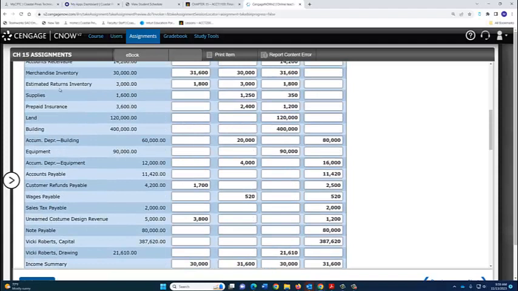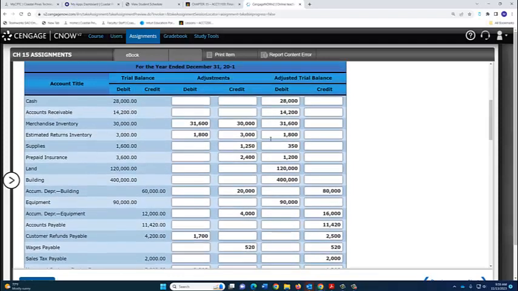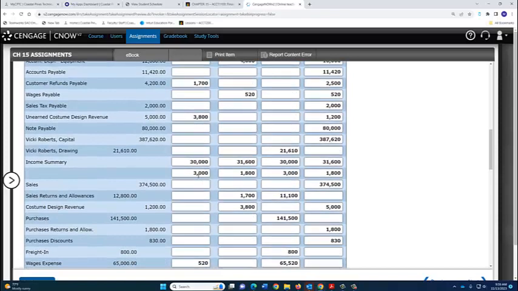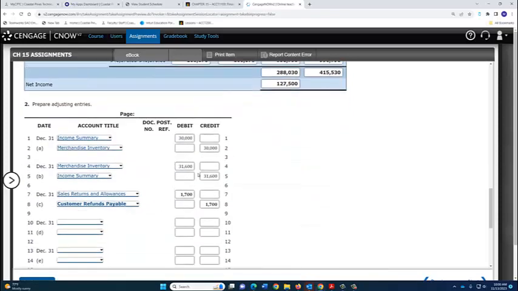Let's see. The estimated returns inventory, let's do the credit first. We credited for $3,000 and debited income summary. That was to remove the old figure.